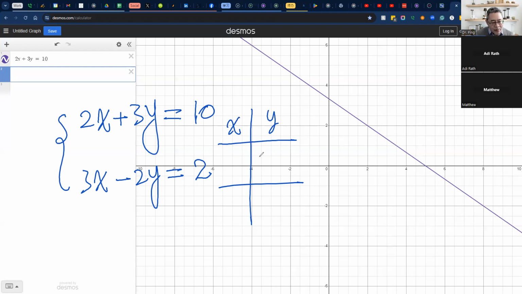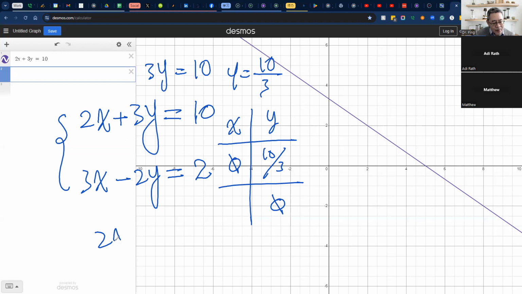So I'm just going to use the x-y intercept method. I set x to 0, then 3y equals 10, so y will be 10 over 3. And I can set y to 0, then we got 2x equal to 10, so x is 5.